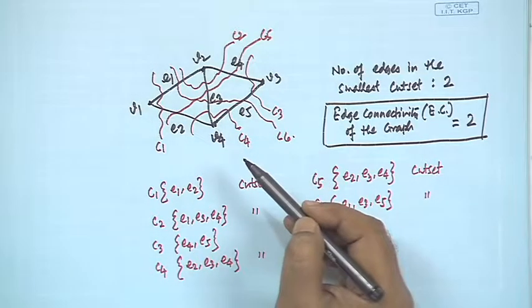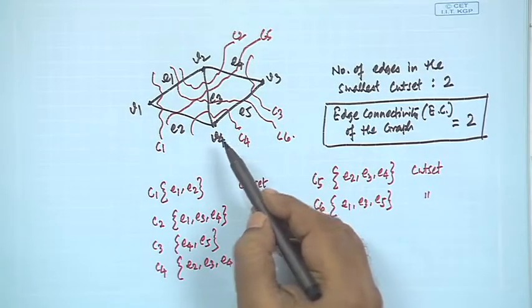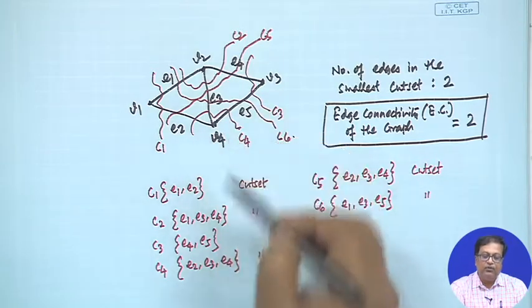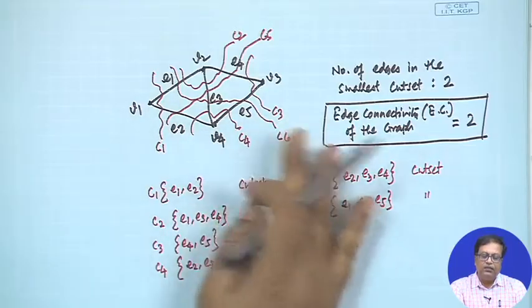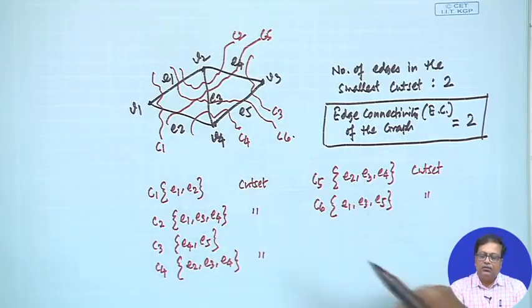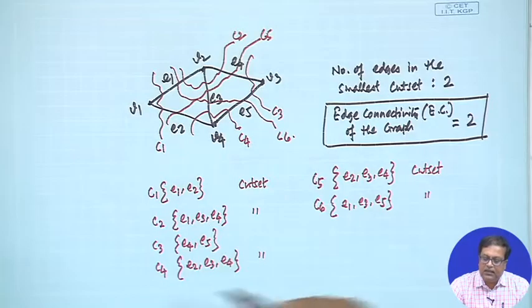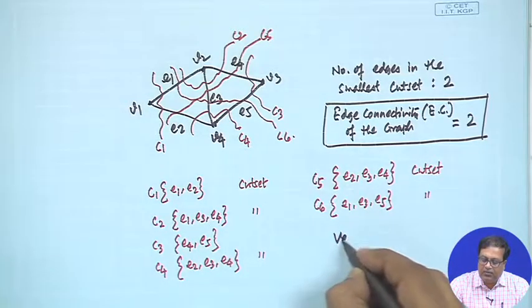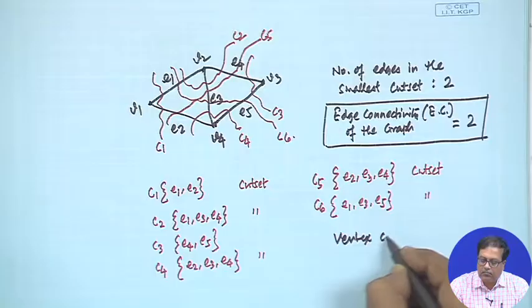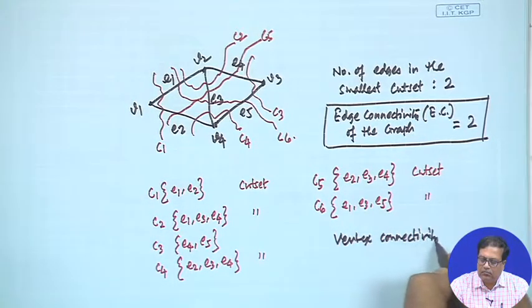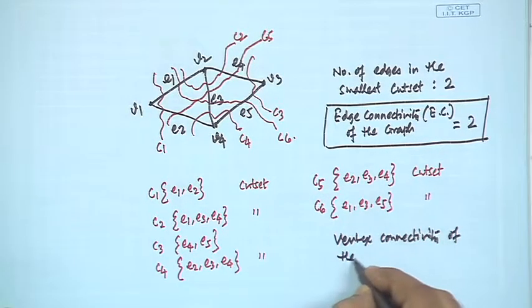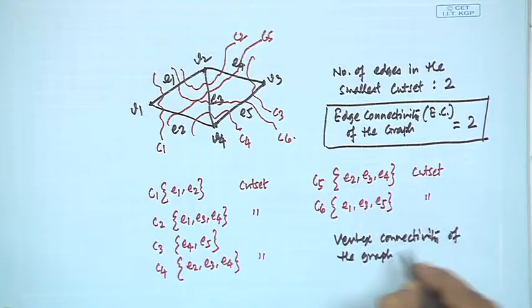If I remove both V1 and V2, then also no. But if I remove V2 and V4, then the remaining graph will be disconnected. Is it all right? So, interestingly, we can see that vertex connectivity of the graph VC is also 2.